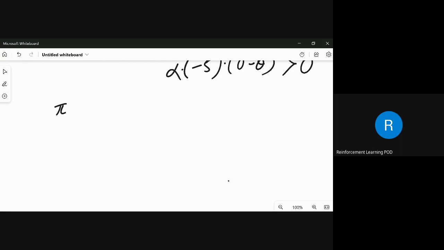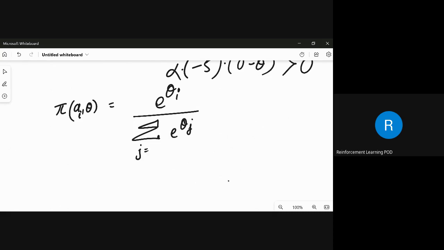So pi of a comma theta, or I should call it a i, will be e raised to the power theta i divided by the sum of e raised to power theta j, j equal to 1 to n, the number of arms.